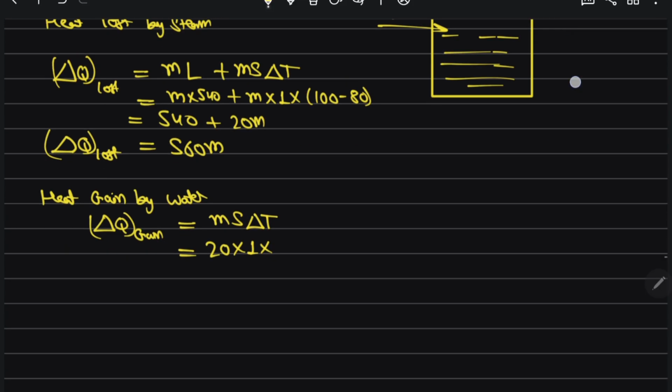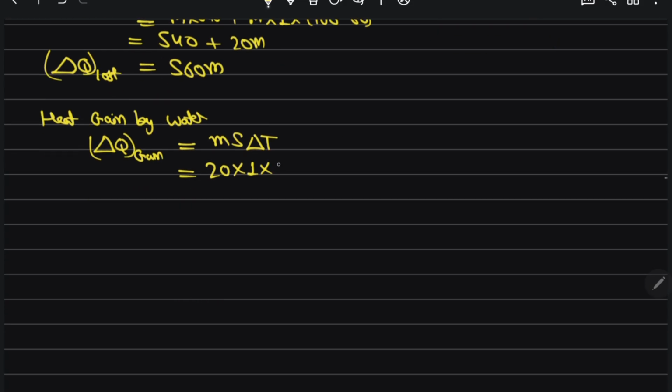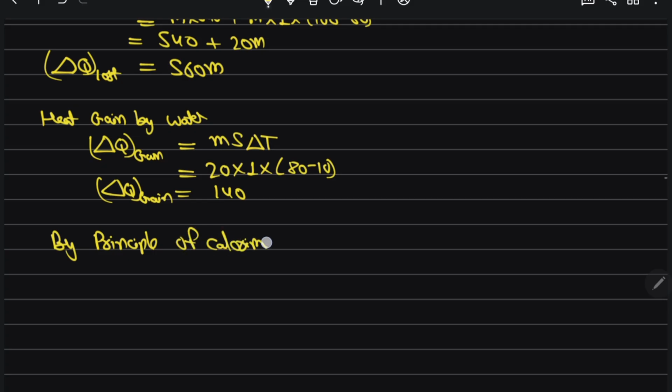And water temperature is initially 10 degrees Celsius and they reach 80 degrees Celsius. So 80 minus 10, this comes out to be 70. So heat gain by water. By the principle of calorimetry, heat gain is equal to heat lost.